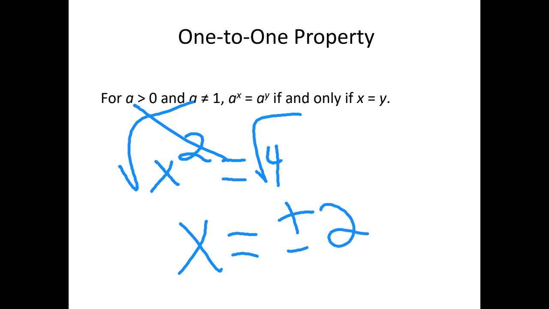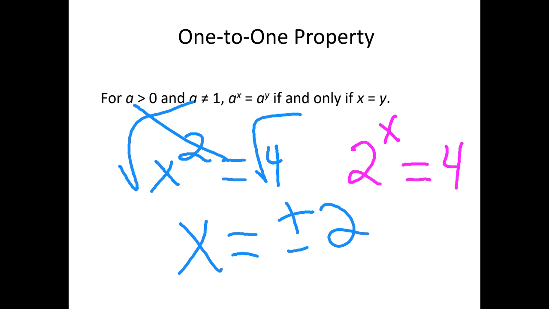But now in this section, the thing that is different is that the exponent is a variable. Since the x is an exponent, we can't do the same idea that we did before by taking the square root. So this is where we're going to have to use different properties. And one of those properties is the one-to-one property.